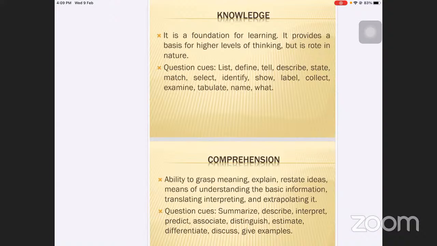Another: define Archimedes' principle. Whatever he learned by heart, he will spell out. Tell me please what story was behind this happening. So the story is simply learned by the student and explained. Describe, state, match, select, identify, show, label, collect, examine, tabulate, name, what.